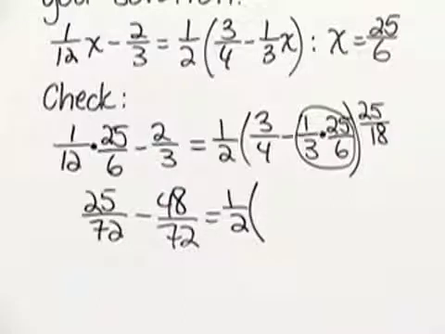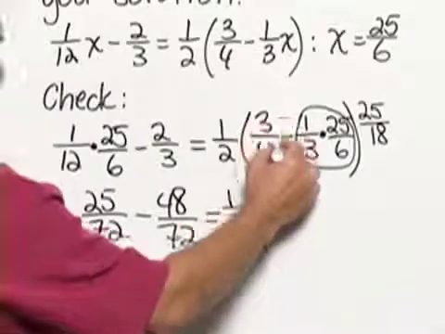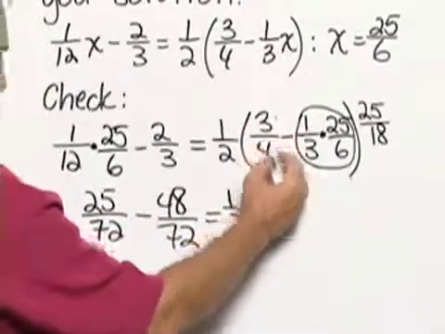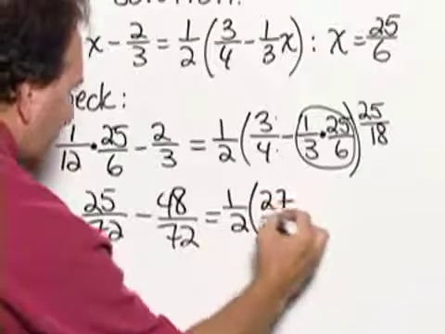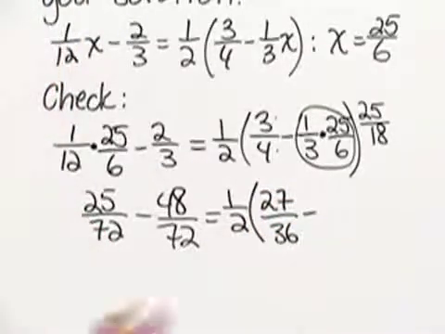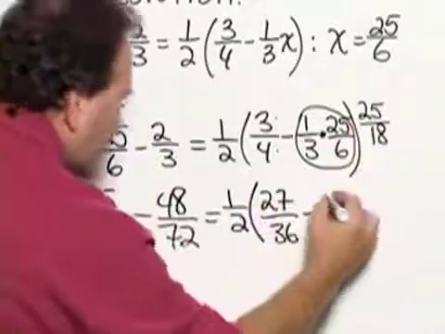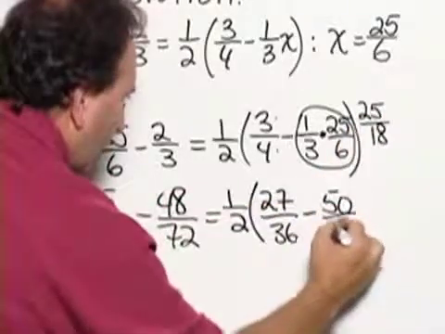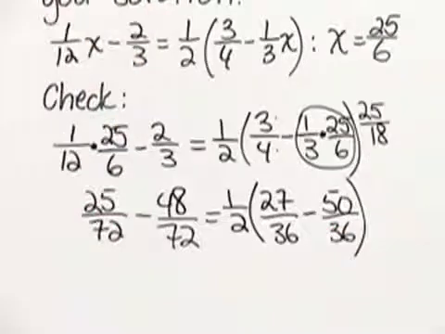That is, 18 goes into 36 twice, 4 goes into 36 9 times. So here we would have to multiply by 9 and 9. So in other words, 27 over 36 minus, we multiply by 2, so it's 50 over 36.